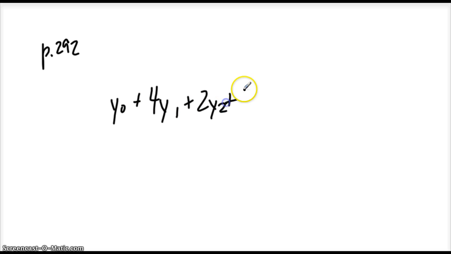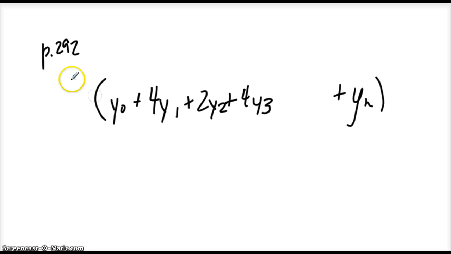So on page 292, when you read Simpson's Rule, it's the same way as a trapezoid in a way, because you have y subscript 0 plus 4y1 plus 2y2 plus 4y3. You can see how it alternates, and then at the end it ends up with just being 1 again.